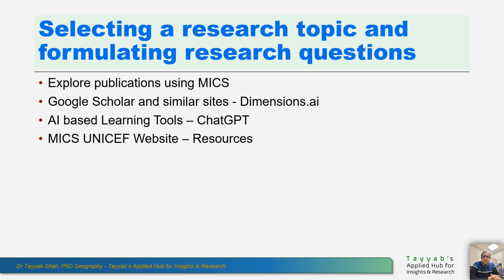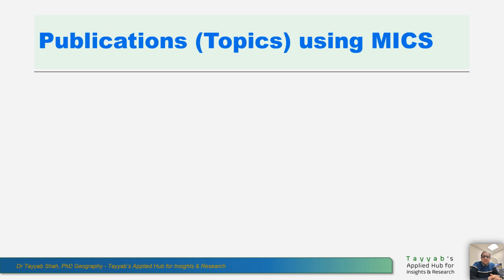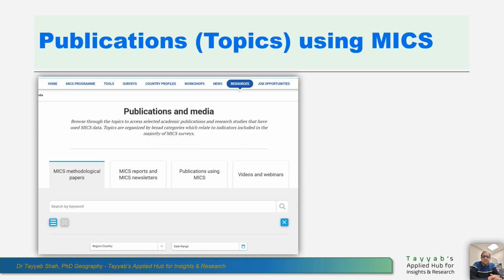So there's a MICS website as well. They have resources on the MICS website, which you can explore as well. On the MICS website, if you see, they have a publication and media section. If you look at that area here, if you go to the resources on their website, you can see a number of things.